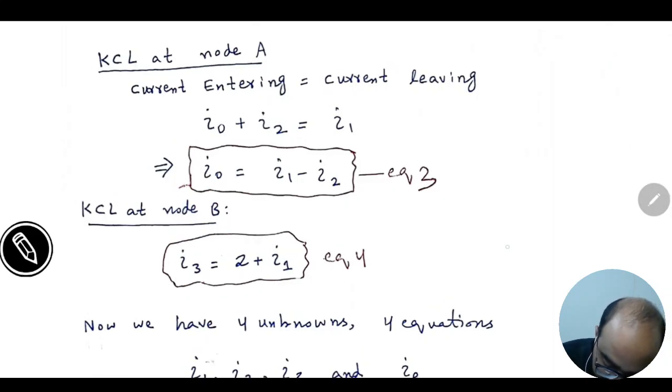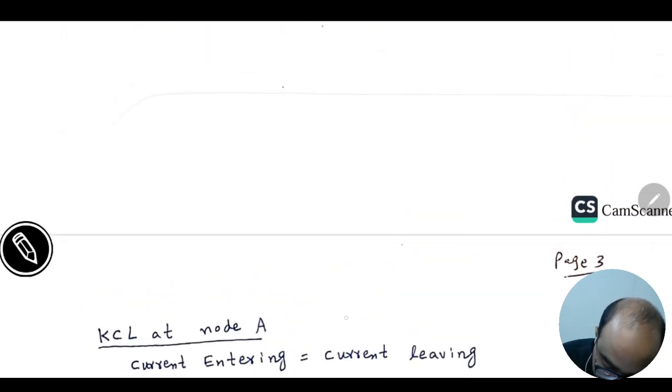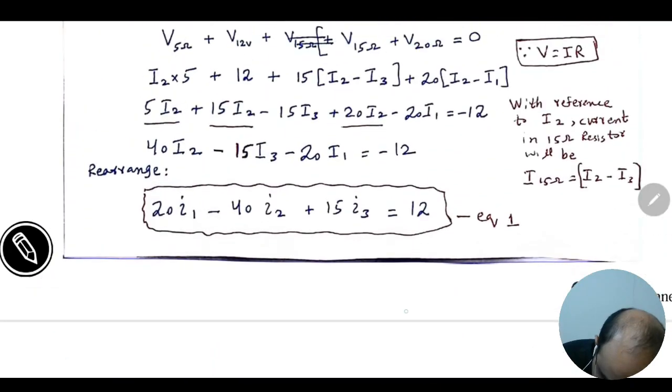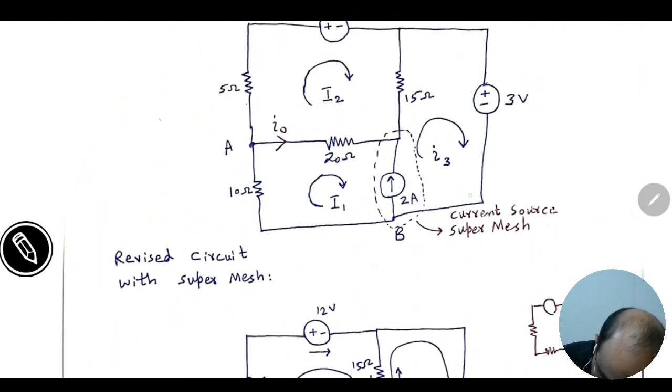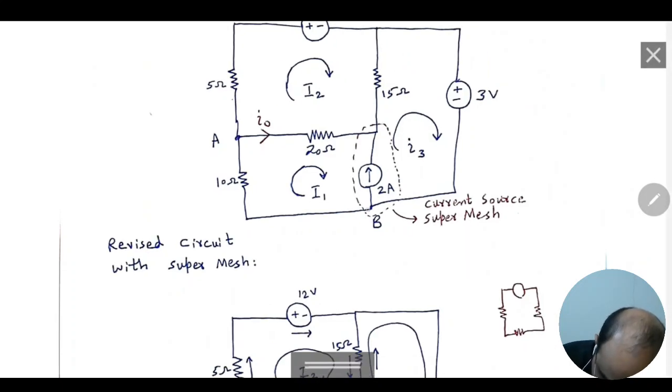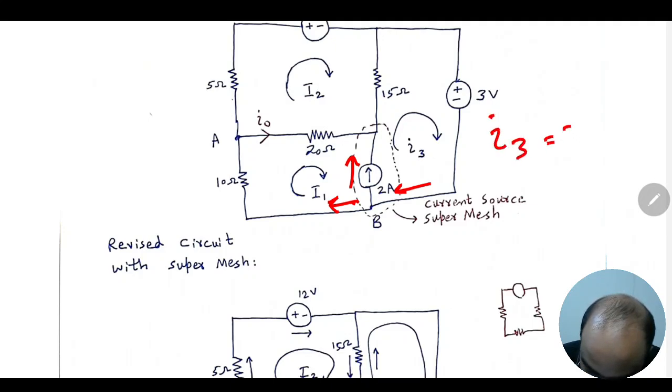Okay, now apply KCL at node B. Let's explain it here from the diagram. In node B, you can see that there are three currents entering or leaving. With reference to I1, the current is leaving from node B, and current I3 is entering, and the 2 ampere current is also leaving from node B. So you can write I3 is equal to I1 plus 2 ampere.